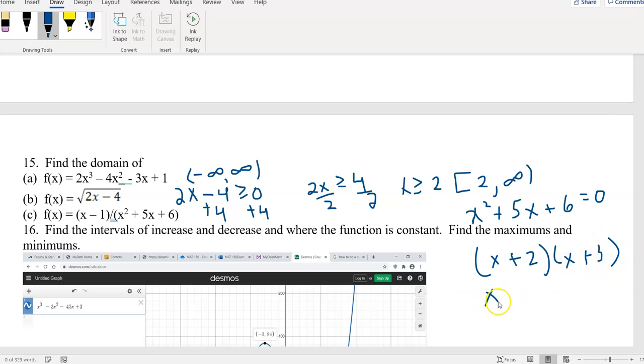Set those to 0. And solve them. And we get -2 and -3. Now let's remember these are the two things we cannot have because they cause the bottom to be 0. So our domain is x is not -2 and x is not -3.